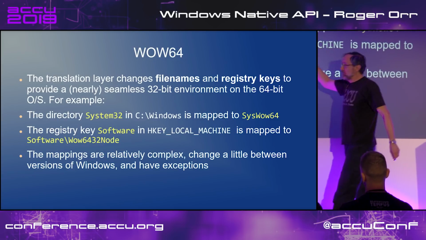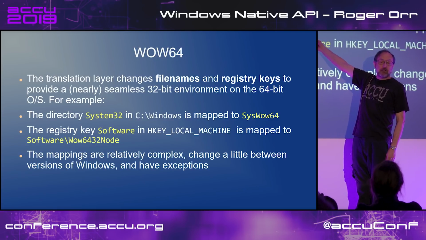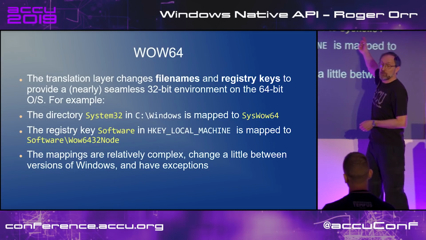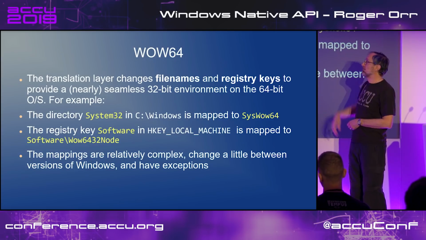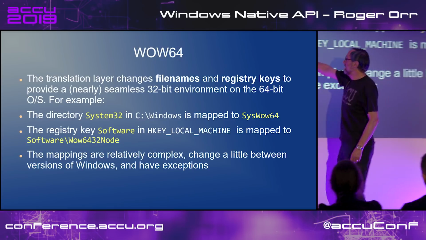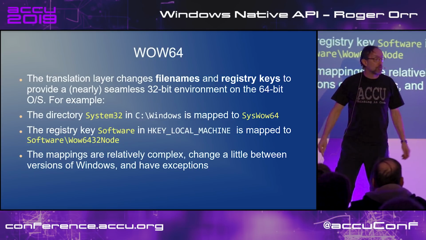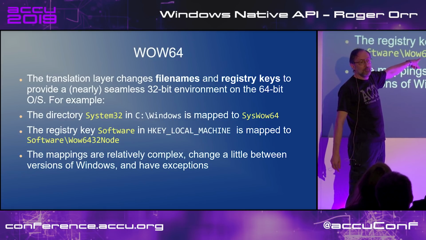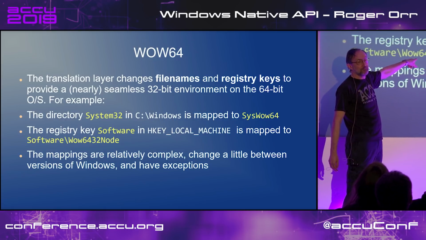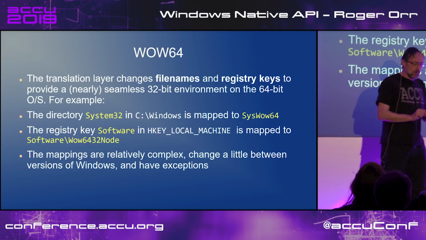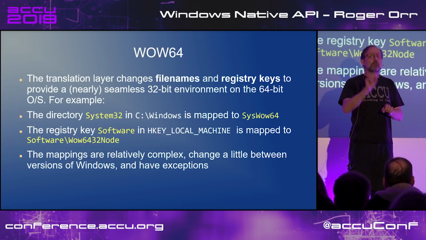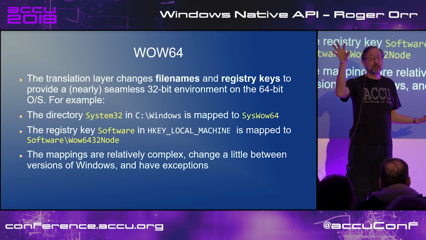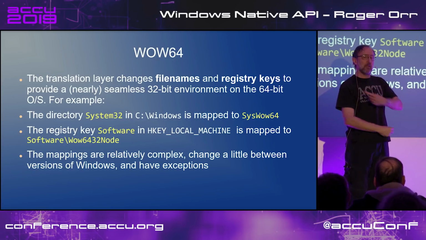So what happens is if you've passed system32 in any of your file system APIs, it gets changed to syswow64. If you've used software in the registry key, it gets mapped to software WOW6432 node. So you get this fun where you use a registry viewer and you put something into the registry and then you run your 32-bit program to read it out and it's not there because it's in the other bit.